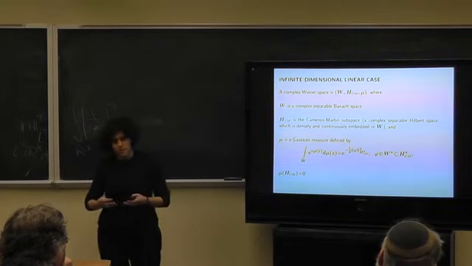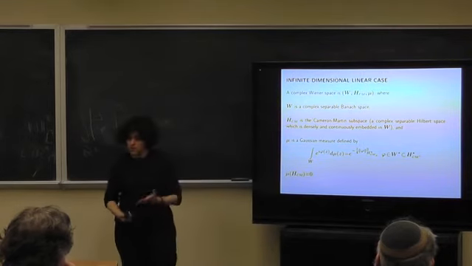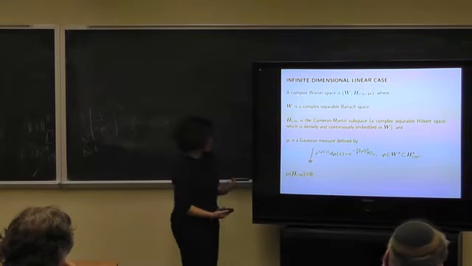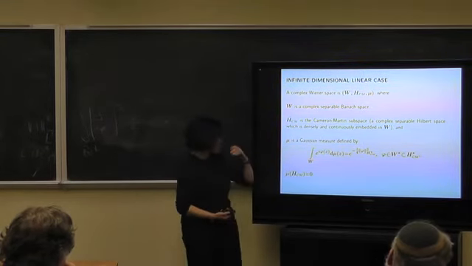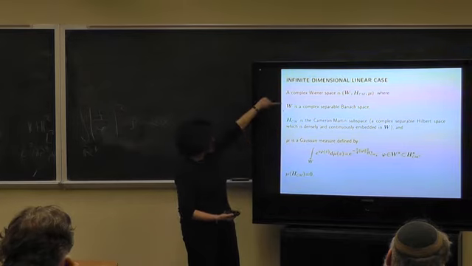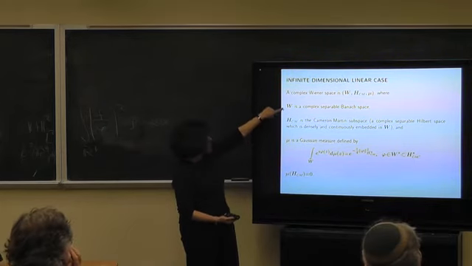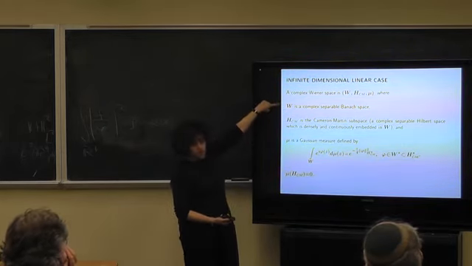So first, let's look at what happens in just the infinite dimensional linear case, because it's a good test of what we can expect, what kind of complications we'll see. What I want is an analog of the Gaussian measure, and the reasonable choice in this case is what's called an abstract Wiener space, but we can think of just W being complex valued continuous functions with the sup norm on, say, 0, 1, okay?